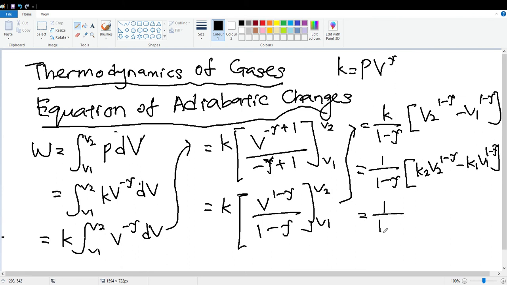Before that, we need to know why this K is equal to K1 and K2.